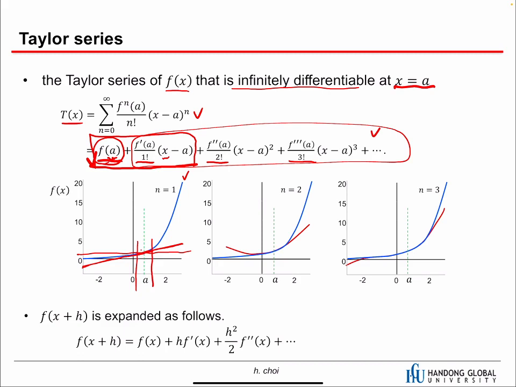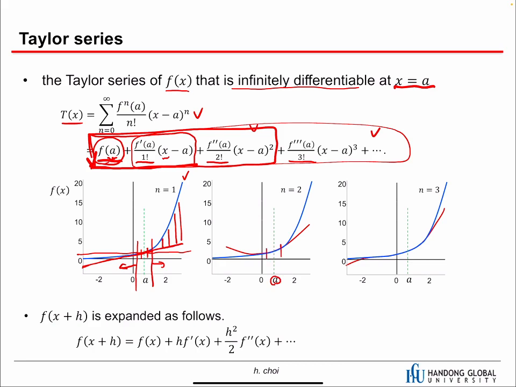If the range is small, then the approximation is quite good, but if we enlarge the range, then the approximation goes wrong. These are errors. And if we include one more term, then we have a quadratic equation to approximate the function f. Then around a, the approximation is better than before.